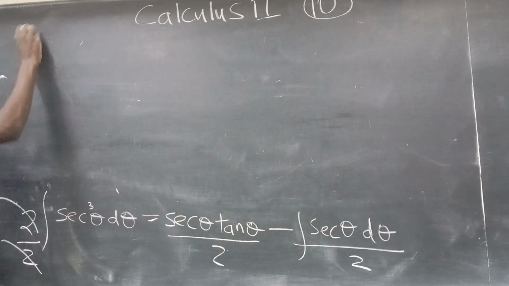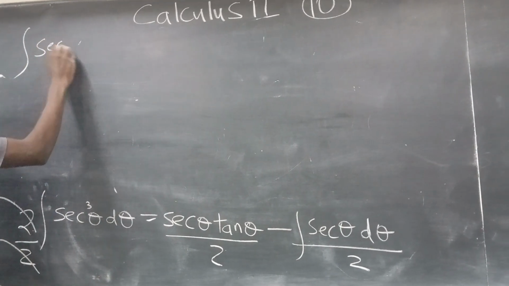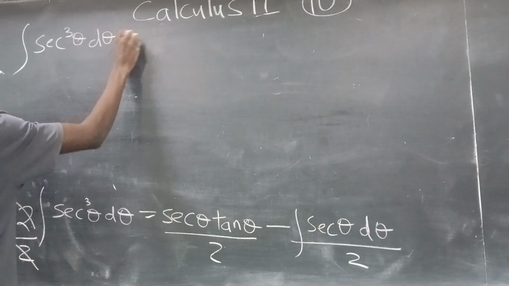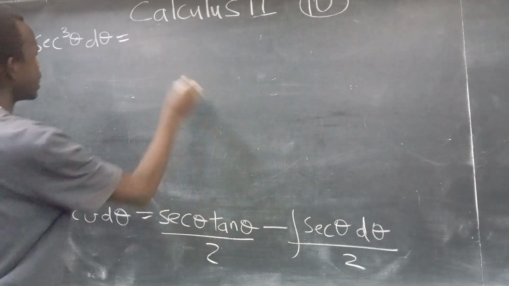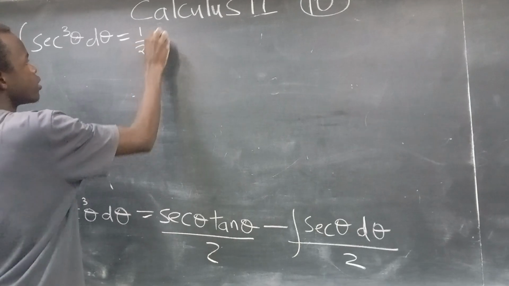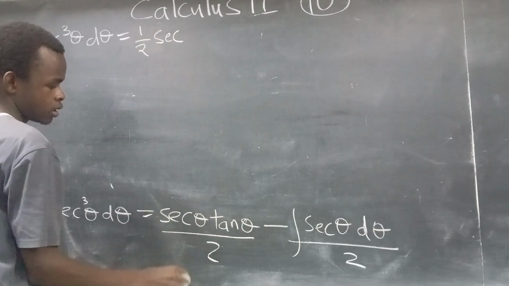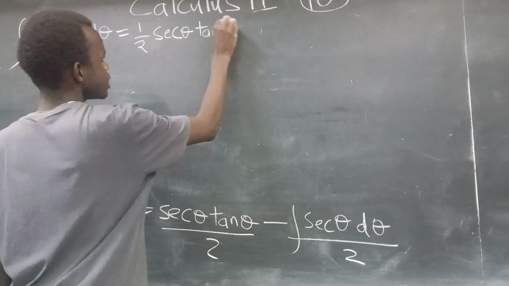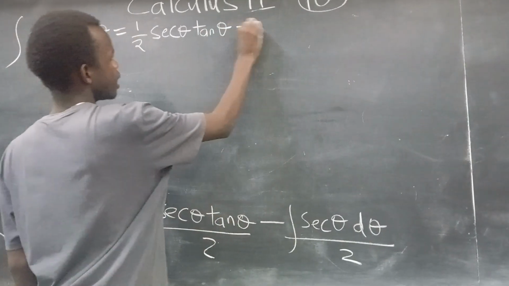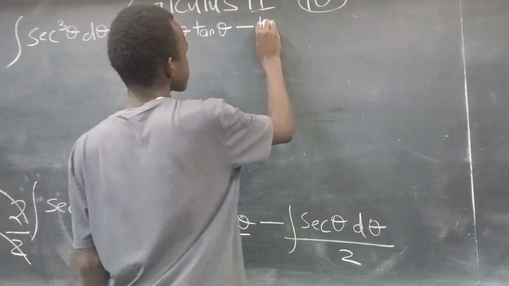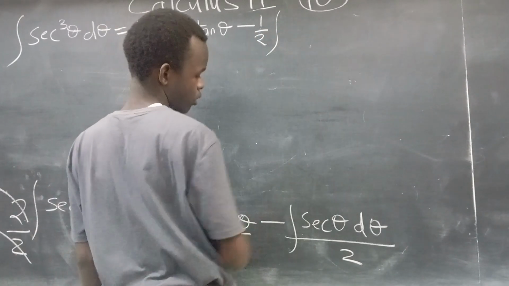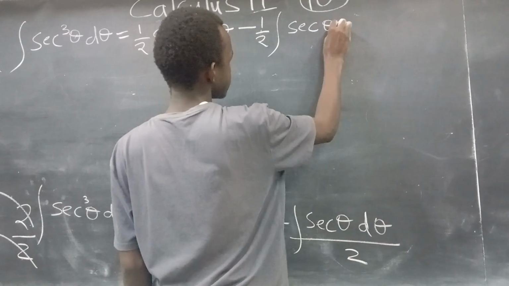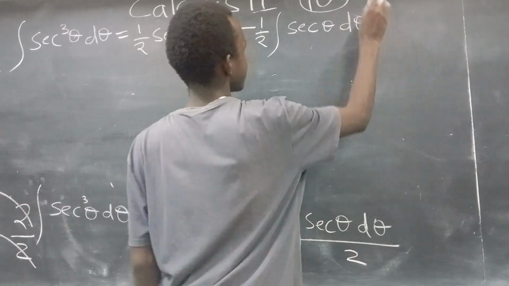So I'll get the integral of secant cubed of theta d theta to be a half of secant of theta tangent of theta minus a half the integral of secant of theta d theta.